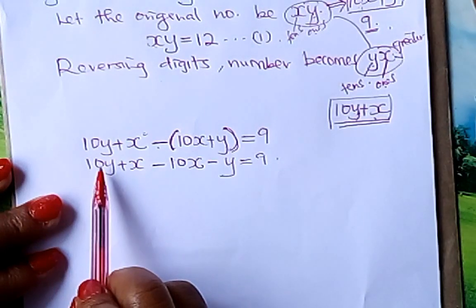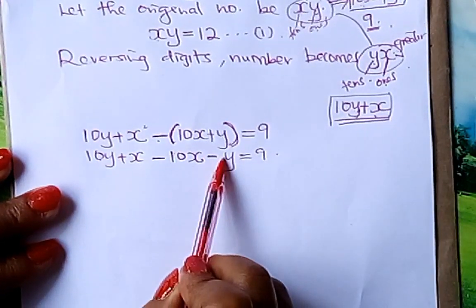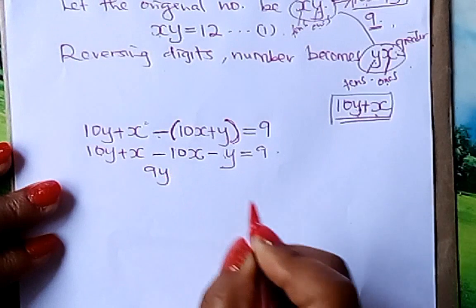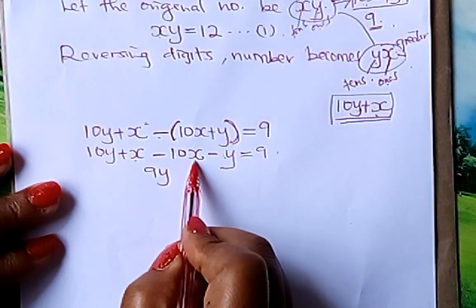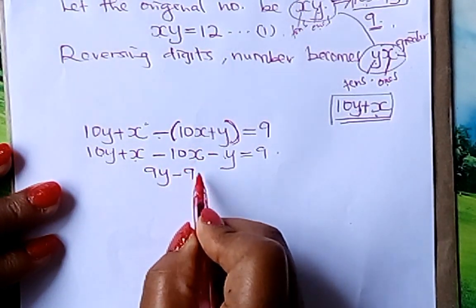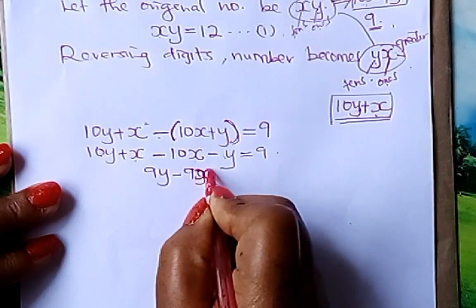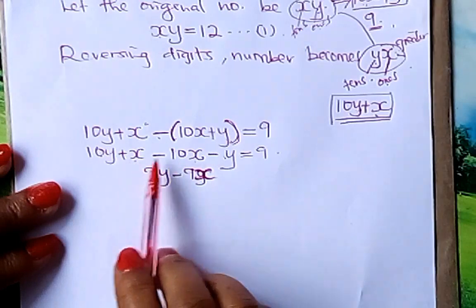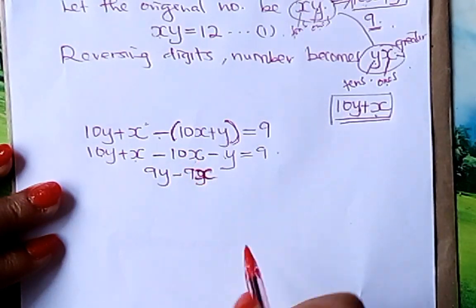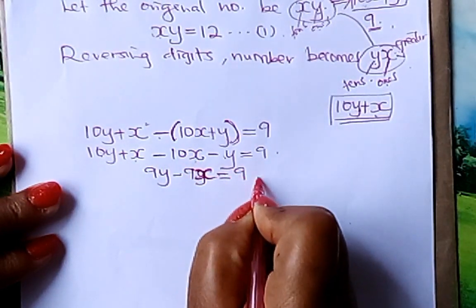Put like terms together. 10y minus y gives 9y. x minus 10x gives minus 9x, which gives 9.